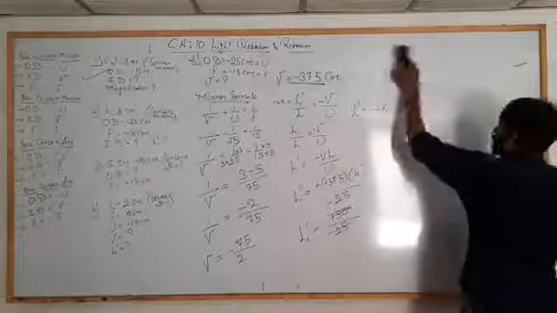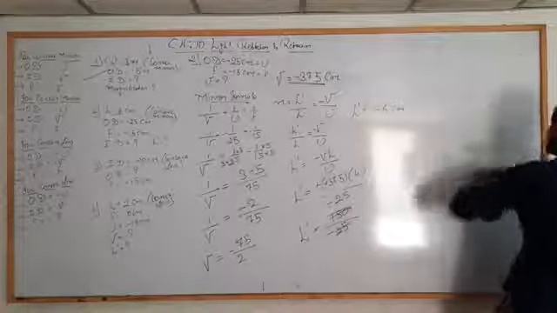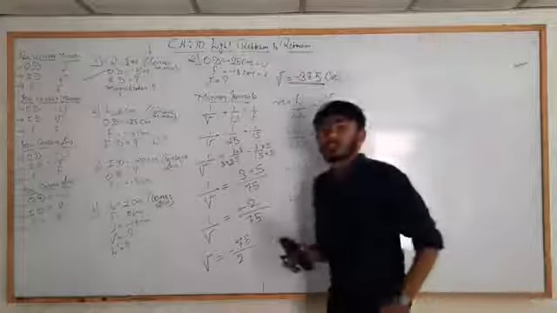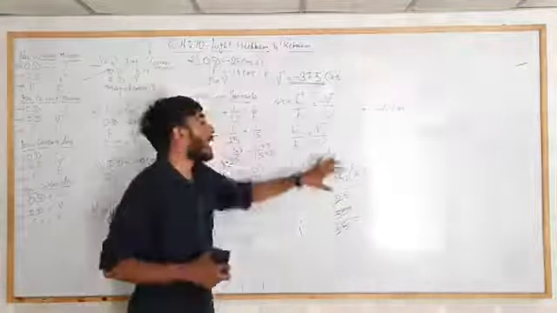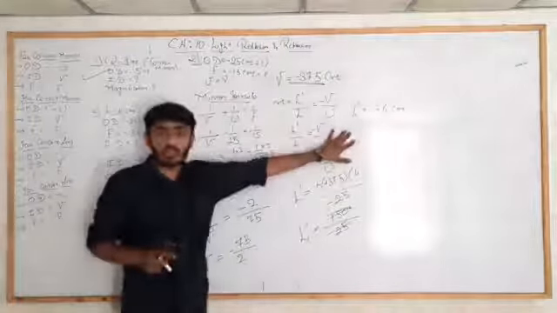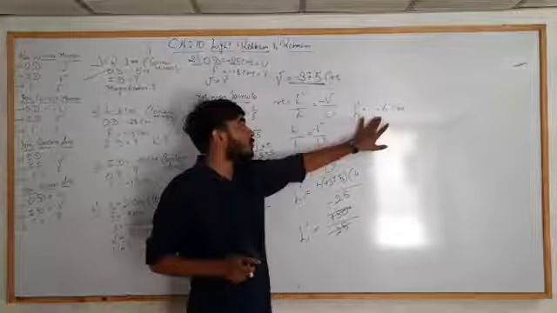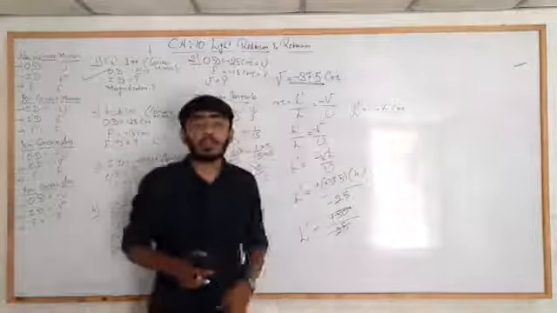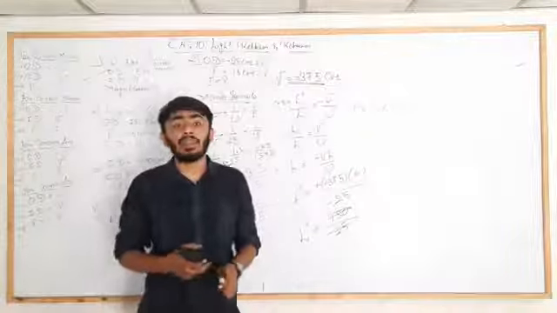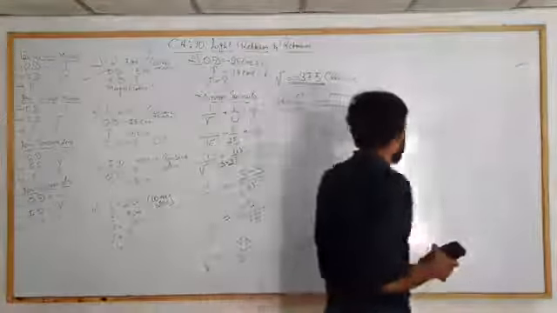As you can see over here, students, the height is negative. And according to the sign conventions, if the height is negative, that is h prime is equals to minus 6 centimeter, that means the image formed is real and inverted.